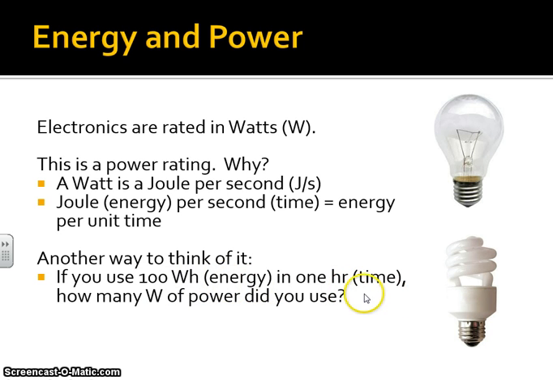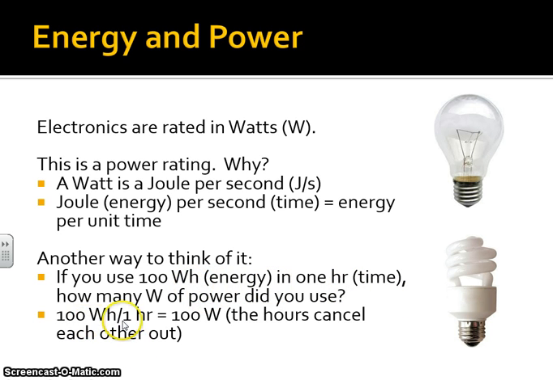If you divide those two, 100 watt hours divided by 1 hour, the hours are going to cancel out and you're left with 100 watts. So that's another way to think of it. Believe me when I say one of the most commonly confused things is that watts is actually a unit of power and watt hours is a unit of energy.